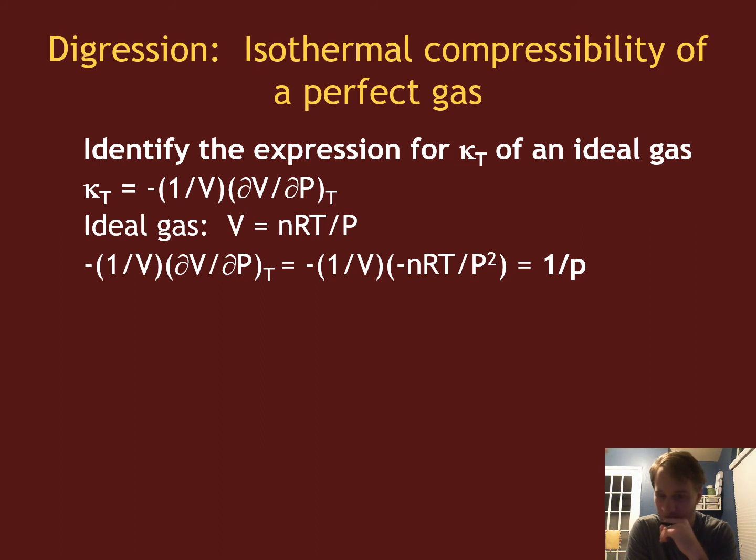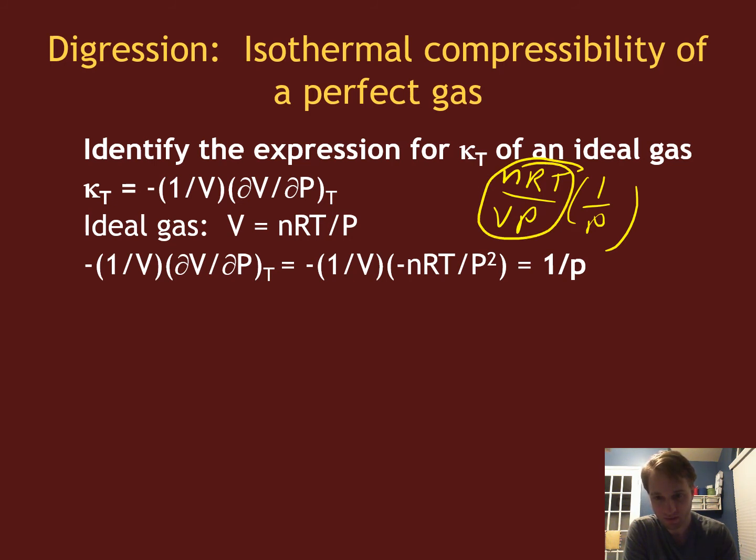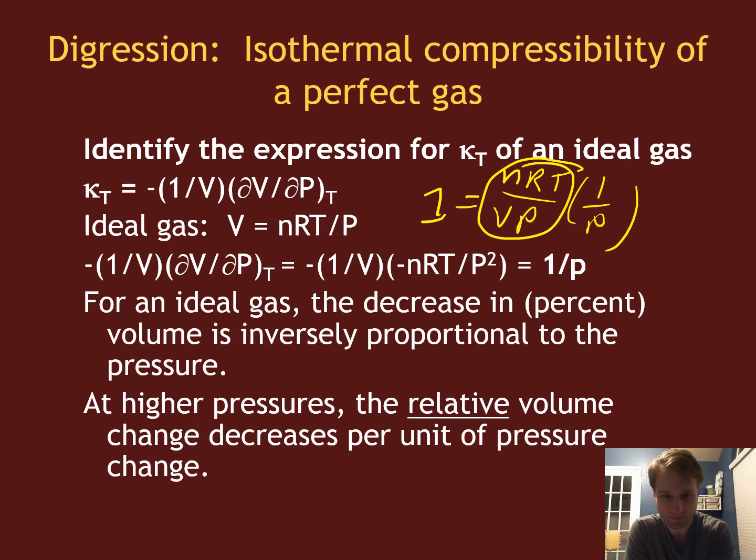You can simplify that down to just 1 over p, because what you end up with is nRT over Vp times 1 over p. Well, nRT divided by Vp just equals 1. It's our ideal gas law: pressure times volume equals nRT. So it just simplifies down to 1 divided by the pressure. So that is the isothermal compressibility of an ideal gas.